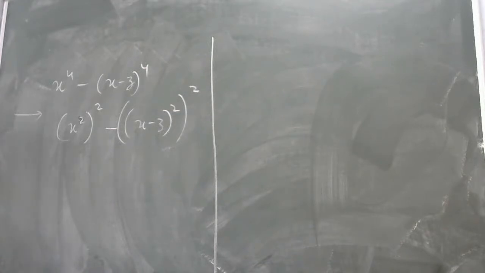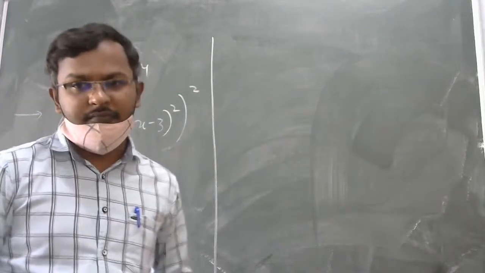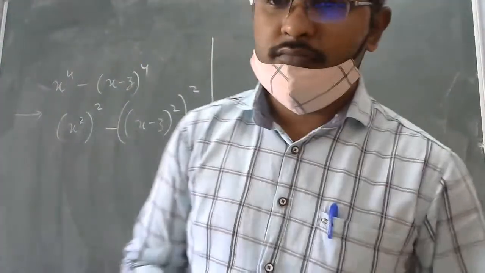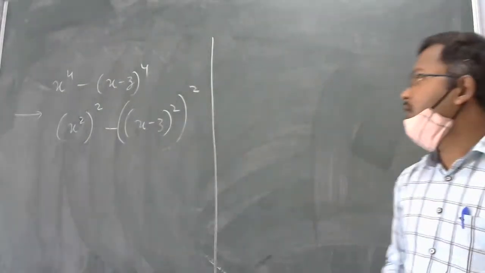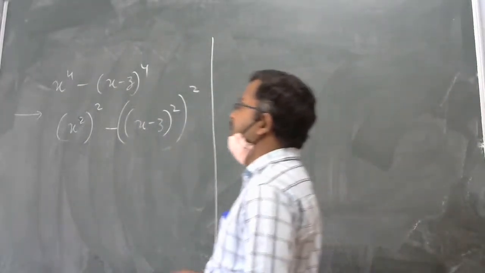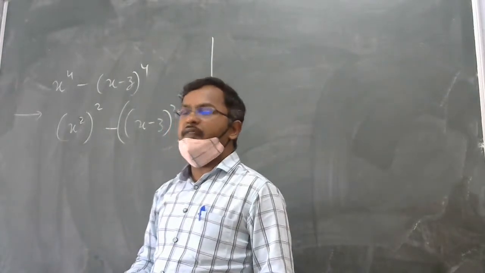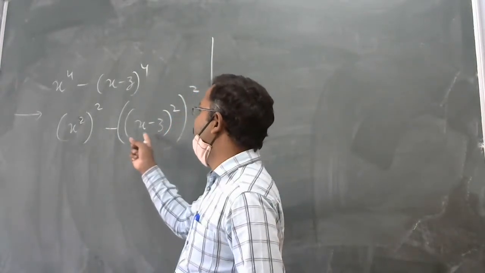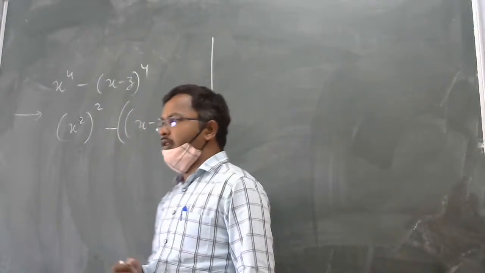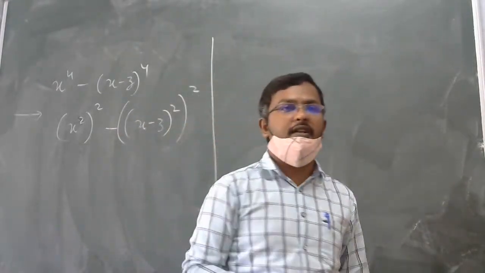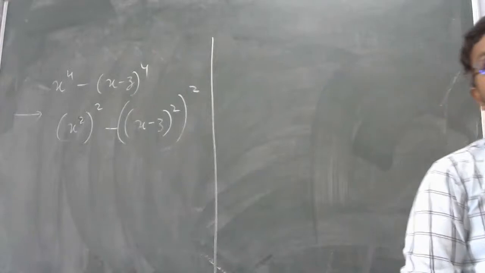Okay. So now factorize this. Here the value of a is what? X square, and the value of b is (x minus z) whole square. (x minus z) whole square is there, not x minus z square.